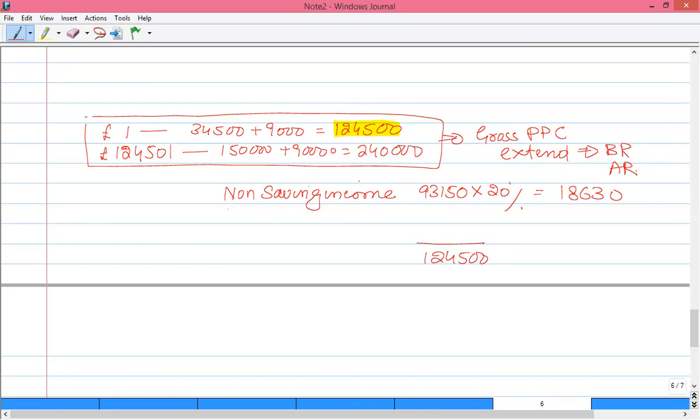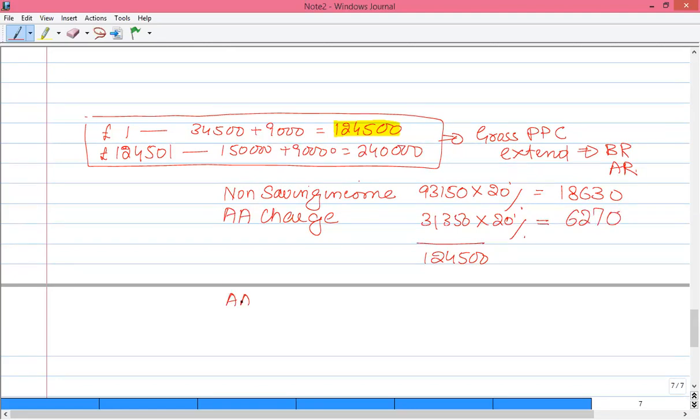124,500. So partly my AA charge would be 31,350, and it would attract the first rate, the basic rate, 6,270. Then my remaining AA charge out of 50,000 would fall in the second band, and the rate would be 40%, as it is considered a non-saving income, the type of non-saving income.